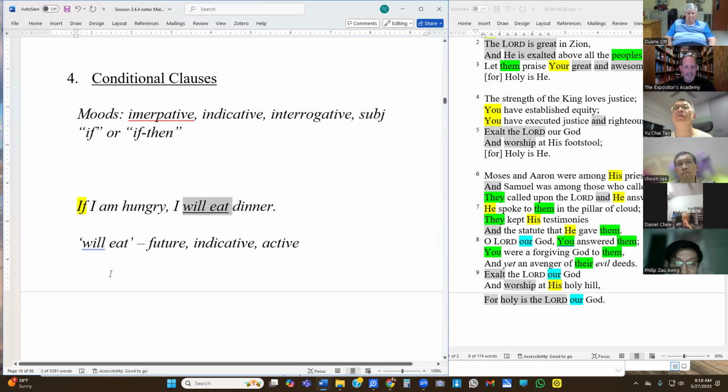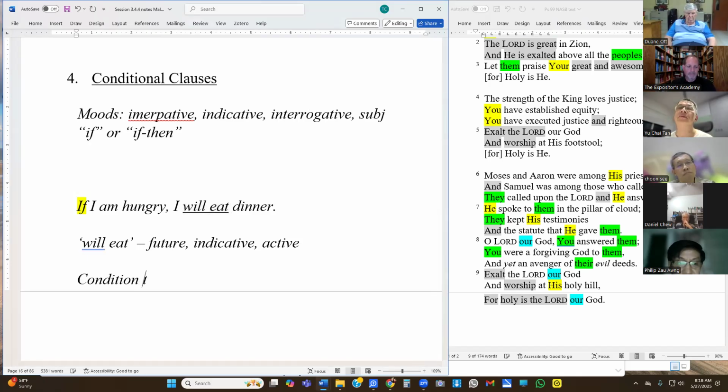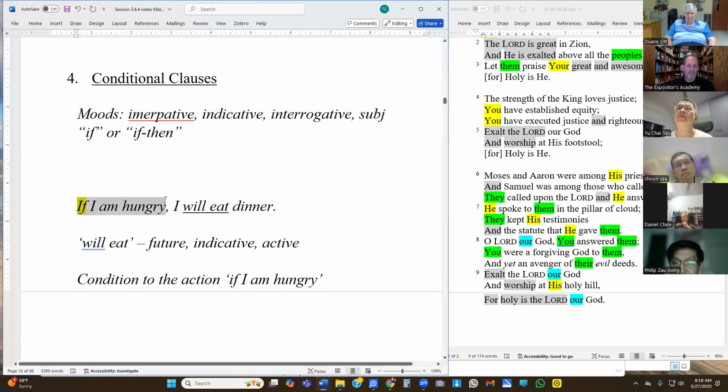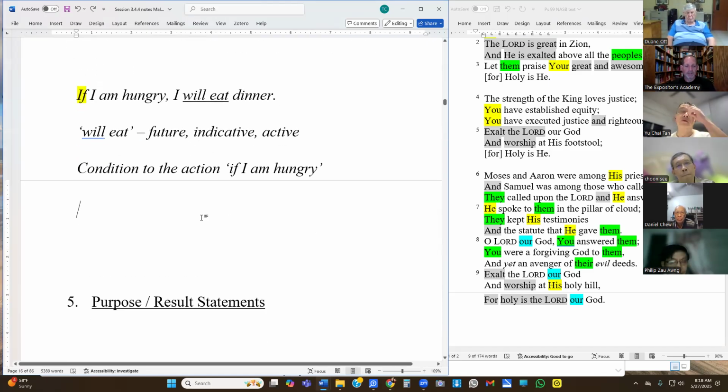Now notice that action only takes place when there's a condition to the action. That's why it says, if I am hungry, I will eat. He doesn't just say, I will eat dinner. That would be just a statement. But instead, he says, if I'm hungry. So that's why we call it a conditional clause. It's giving the condition for the action.